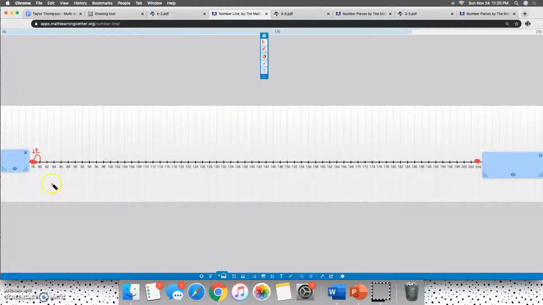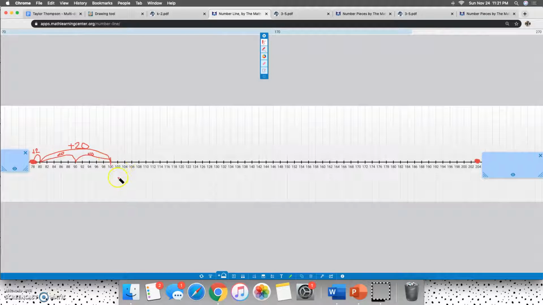Then the student will say, I know that 20 more than 80 is 100 because they're benchmarking 10. The student could also think about it as, I know 10 more than 80 is 90, and I know that 10 more than 90 is 100. So all together, that's plus 20.